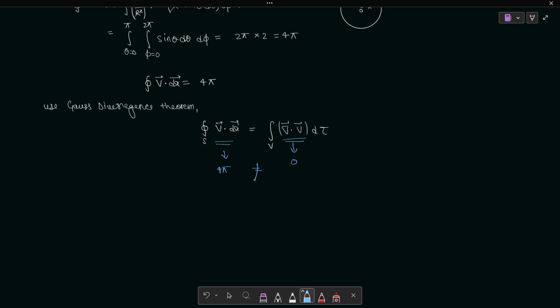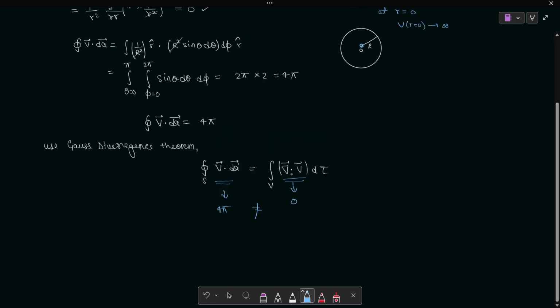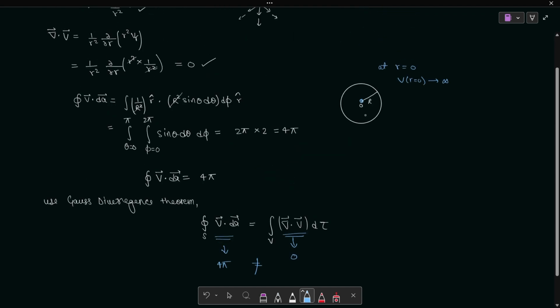So this says that since the source of this problem is this origin, this divergence of this vector field will be 0 at every point anywhere outside the origin, the center, but not at this exact point.